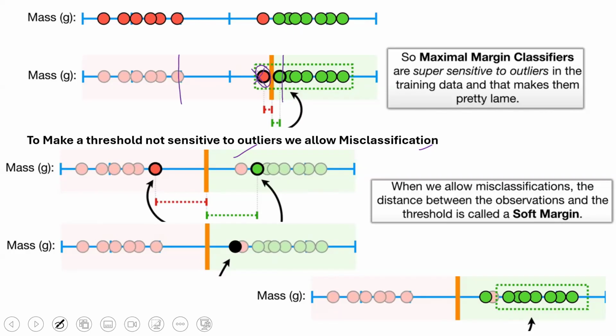And we call this a soft margin. Soft margin is nothing but this distance. It is the case where we allow misclassification while finding the margin. We call that soft margins. Such kinds of classifiers are called soft margin classifiers. So all the points within the soft margin are called support vectors. Support vector machines is a soft margin classifier.